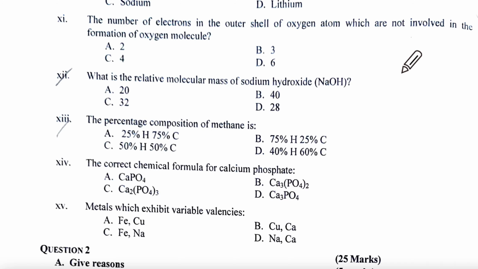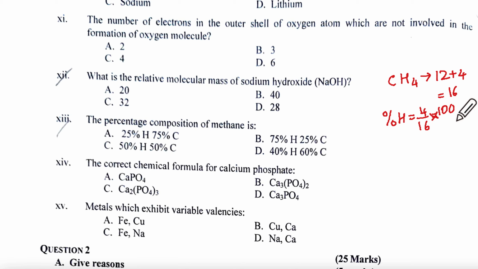Now percentage composition of methane. What is methane? You'll have to work this out. CH4. So what is the mass of it? 12 plus 4 of these. That means it is 16, correct? What is the percentage of hydrogen? Hydrogen is 4 out of 16, multiplied by 100. So that will be 25%, correct?